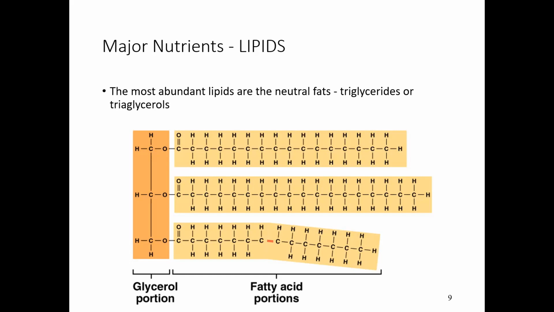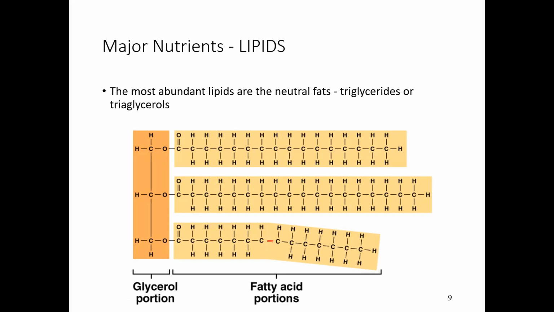This is an unsaturated fatty acid because there's a double bond down here in this third chain. So without knowing what it is, this triglyceride we see here is going to be liquid at room temperature. It's likely a plant oil of some type, because plant oils are unsaturated.